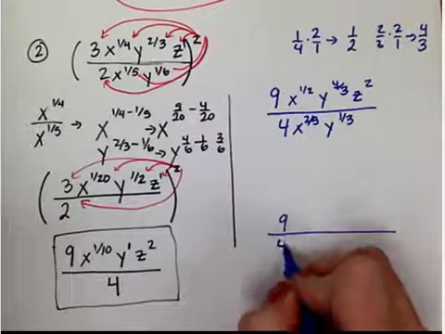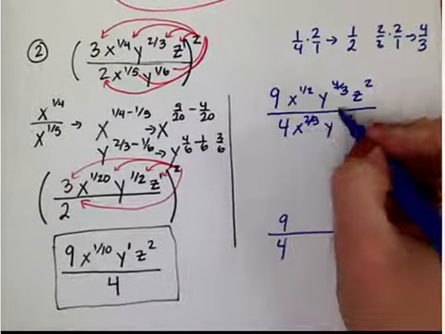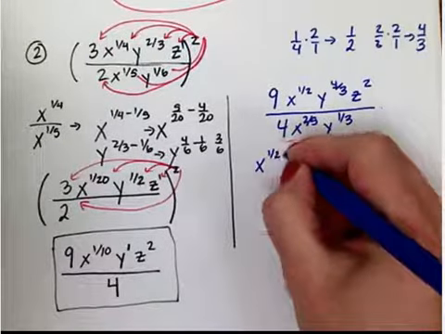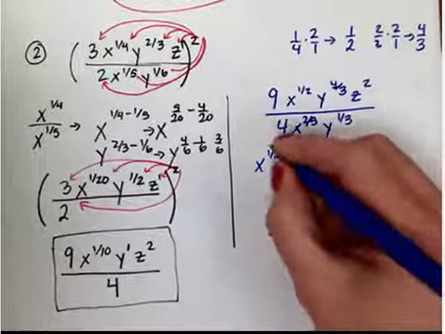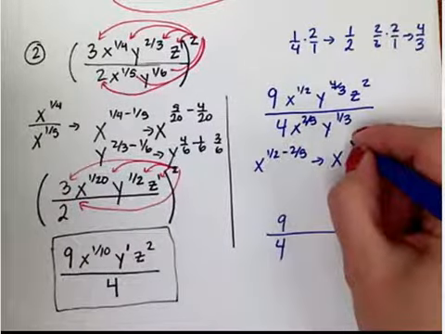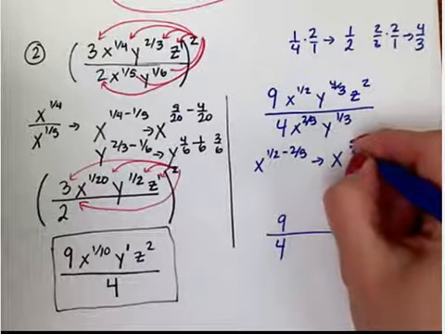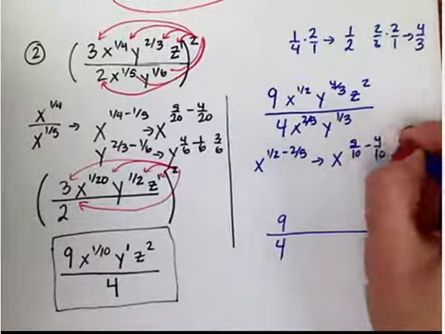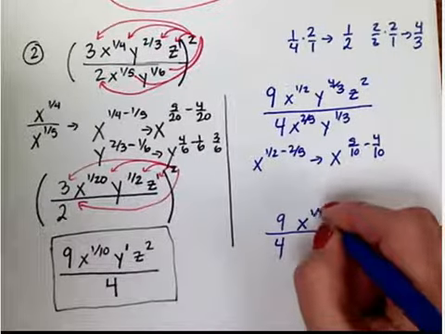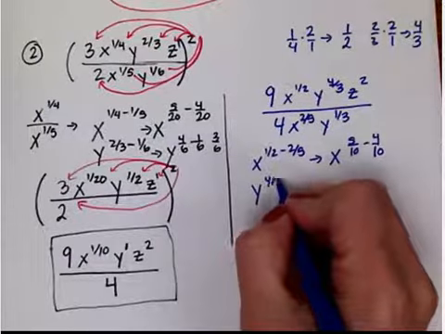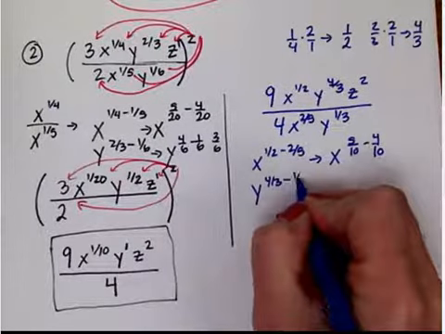Okay, I've got the x's to combine and the y's to combine. So x to the 1/2 minus 2/5. So my common denominator is 10, times 5, so 5 over 10, minus times 2, 4 over 10. So that's x to the 1/10. Okay, so then I do my y's. Minus 1/3.